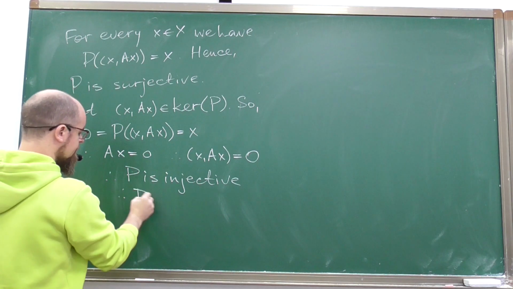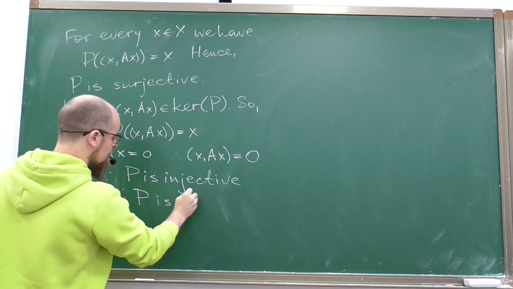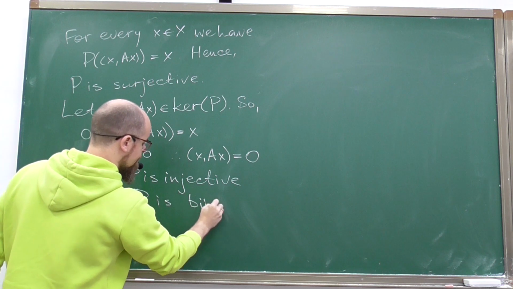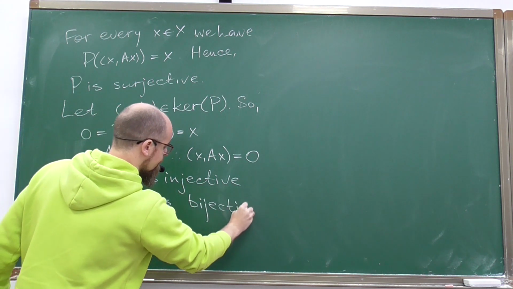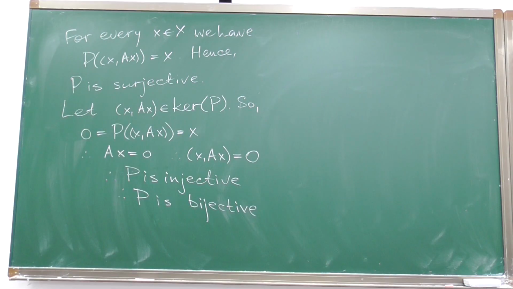Taking this all together, P is bijective. So we have a bounded linear operator from one Banach space to another Banach space, which is a bijection. By the inverse mapping theorem, it is invertible and its inverse is also a bounded linear operator.